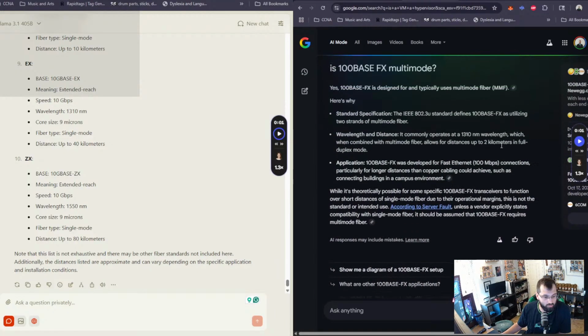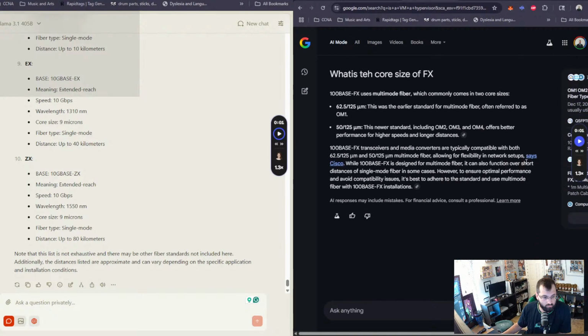Because I don't think it told me. And 2 core sizes. Multi-mode fiber, which commonly comes in 2 core sizes. 6. Okay, so that's why it's multi-mode.